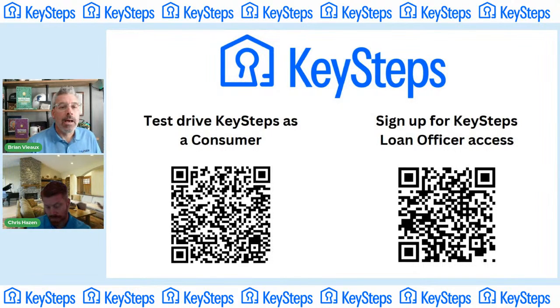I want to spend a minute on a recent use case where one of our clients' loan officers created a social media post talking about the importance of budgeting early in the first-time home buying process.